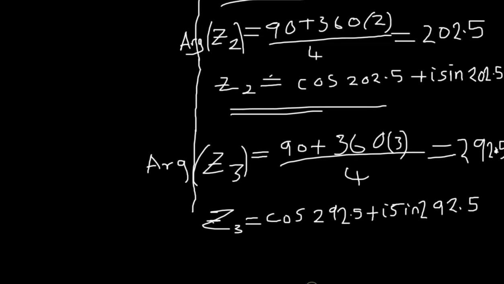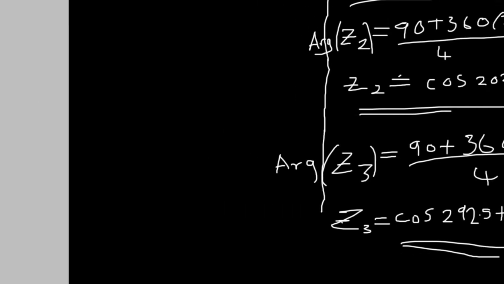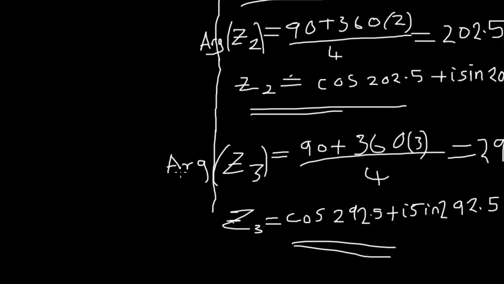So now we move on to drawing the Argand diagram, since we have found the solutions for our complex number Z. Let us now draw our Argand diagram. I just draw a small one here. Of course it has to be labeled.